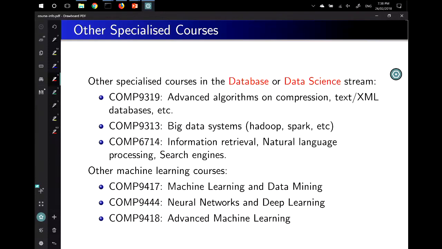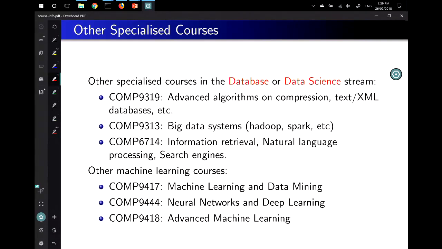If you are interested in machine learning, there are other courses. One of them is very similar to this one. For this course, maybe 60% or 70% will, unfortunately or fortunately, be related to machine learning. And I think 9417 will be entirely on machine learning and data mining.